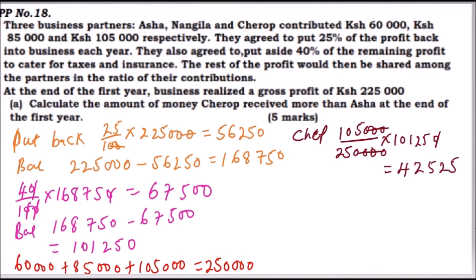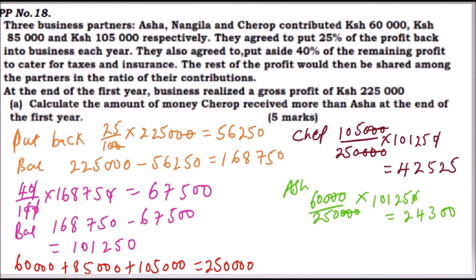42,525. Then we can calculate for Asha. Asha had contributed 60,000. You divide by 250,000. You multiply by the amount to be divided, 101,250. You get Asha got 24,300. Of course, you can simplify there, and you divide that, you multiply with your calculator.